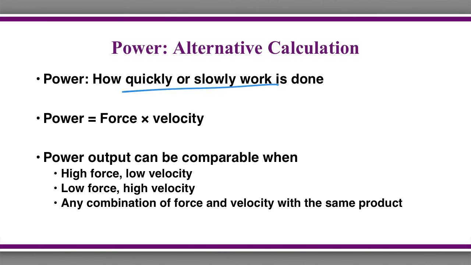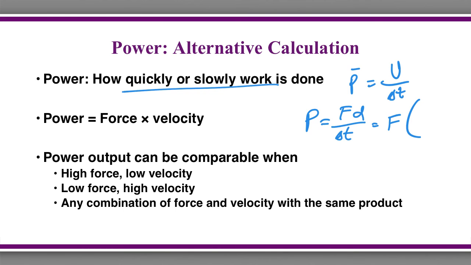And the way that we look at this from a mathematical perspective is if average power is equal to work over the change in time, and we know that W is equal to force times distance, which would be over time, this can be rearranged to force times distance over change in time, or displacement over change in time, which is then going to be equal to average power is equal to the average force times average velocity.